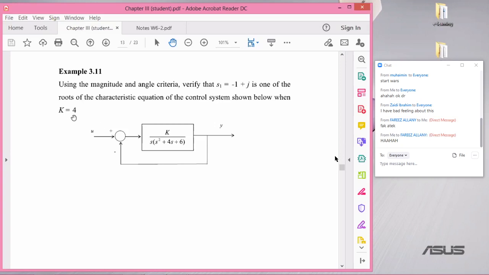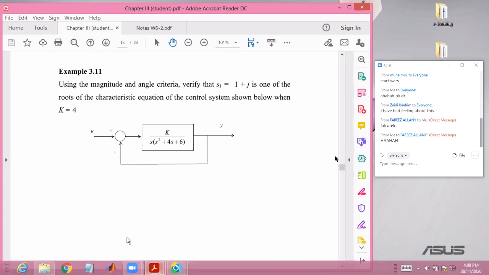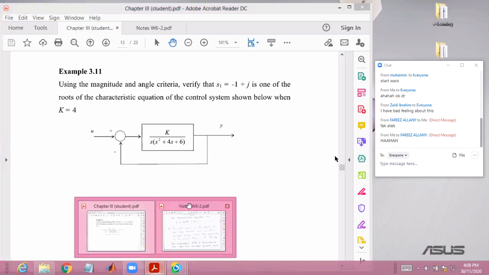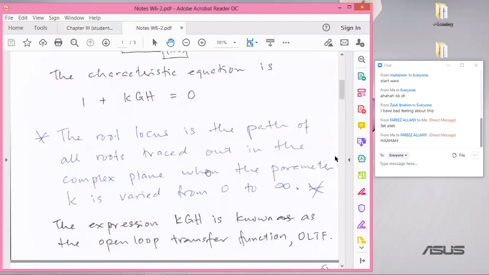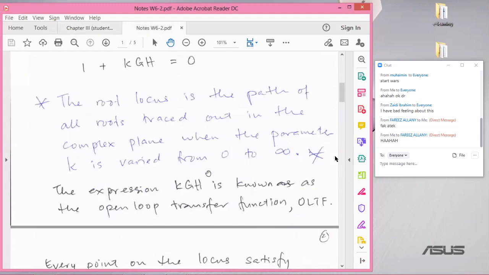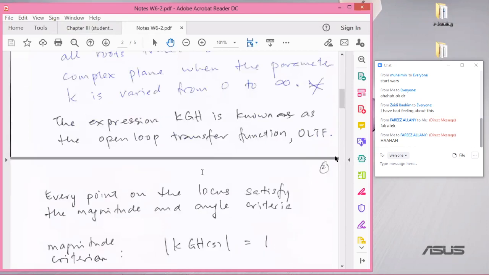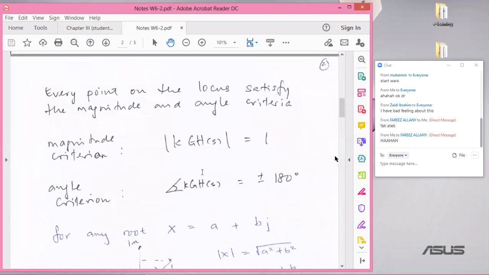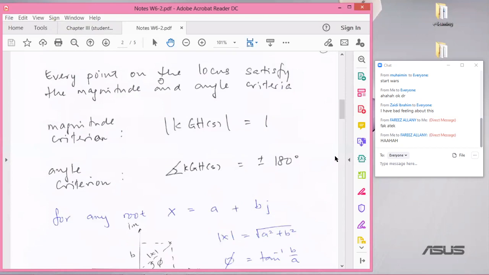K will be varied from 0 to infinity, and k equal to 4 is just one of the points. But all points on the root locus must satisfy the angle and magnitude criteria. I have my mouse today, and my mouse is working properly. Every point on the locus must satisfy the magnitude and angle criteria.